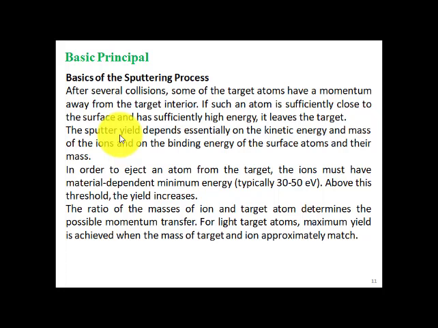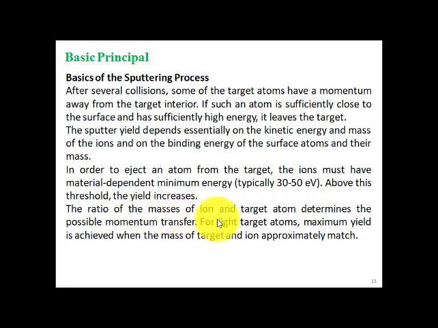The sputtering yield also depends upon the kinetic energy of incident ions and the binding energy of those atoms which are present on the target surface. So in order to eject an atom from the target, the ions must have a material-dependent minimum energy, and this energy typically ranges from 30 to 50 electron volts or 30,000 to 50,000 electron volts.